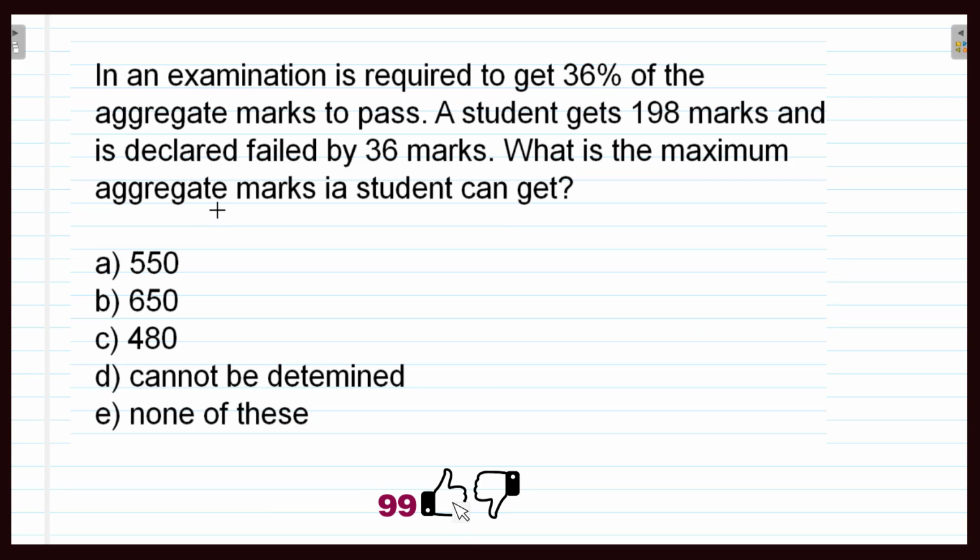The next question is also just like the previous one, but the way of asking is different. In an examination, a student is required to get 36% of the aggregate marks to pass. A student gets 198 marks and is declared failed by 36 marks. What is the maximum aggregate mark a student can get?